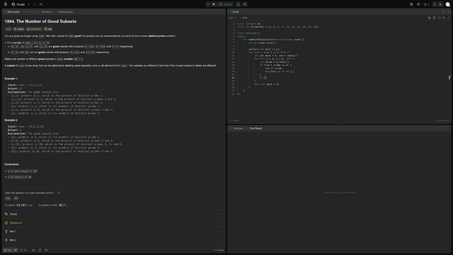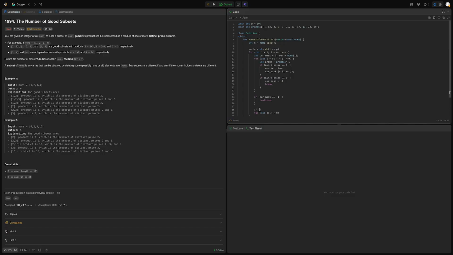And if after dividing the number is still divisible by it, then we say current mask is -1 and we break. Now if current mask is -1, we just continue, we just copy the array, right?